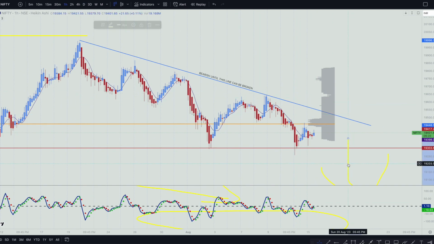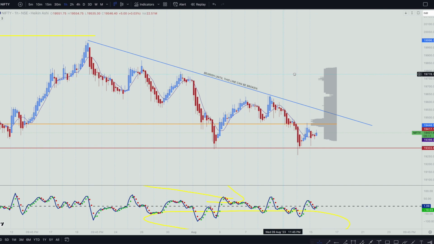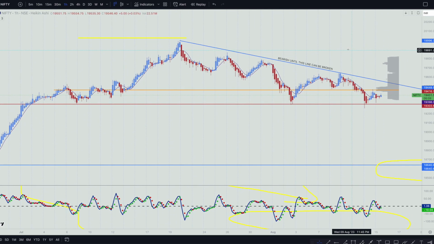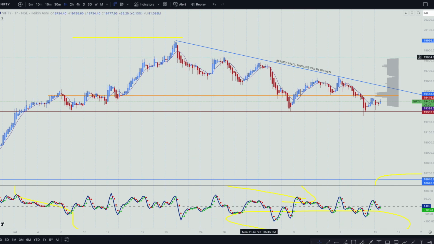If you are an intraday trader on this index, the 1 hour might be a high time frame for you to kind of gauge the direction. And as you can see here, very similar, moving in a downward fashion, lower low, lower high, lower low, lower high, lower low, lower high.